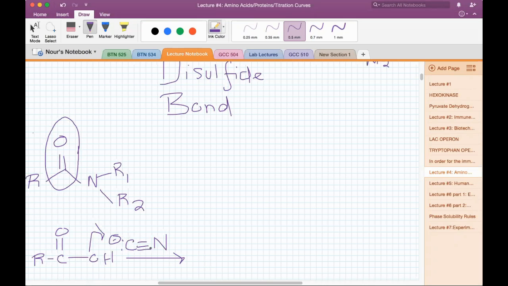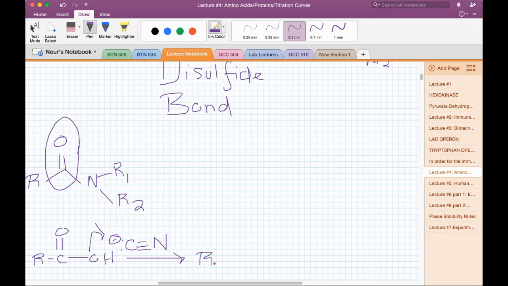I might be wrong about the reactant here, but there are a bunch of reactions where you can change this group into different derivatives, and an amide group is a derivative. I think it's actually an amine that it reacts to. Give me a minute, I have to double check this.